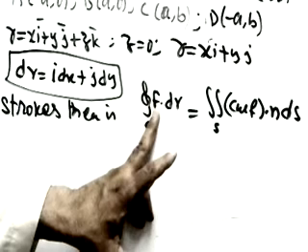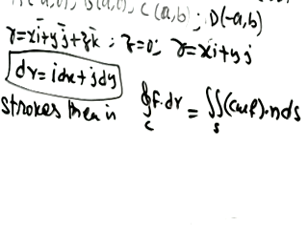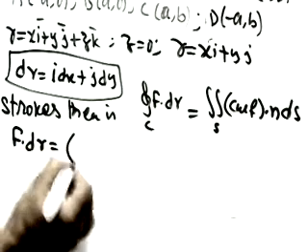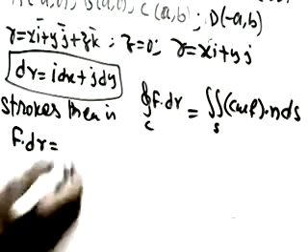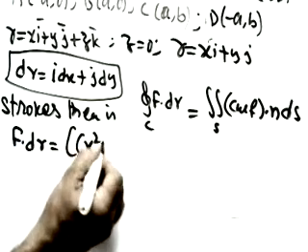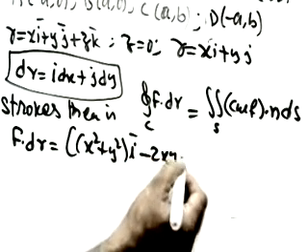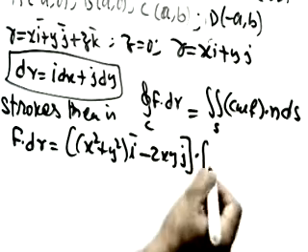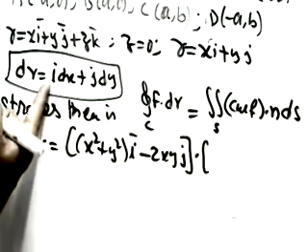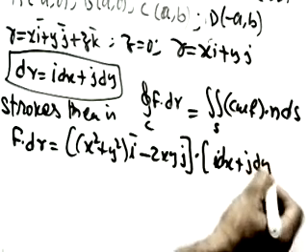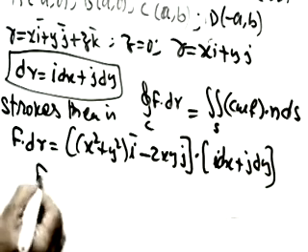Let me first find F dot dr. F is given in the question as (x squared plus y squared) i minus 2xy j, dot dr. What is dr? Just now we found it: i dx plus j dy.